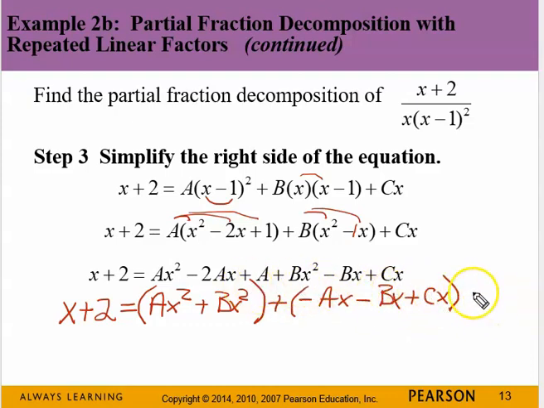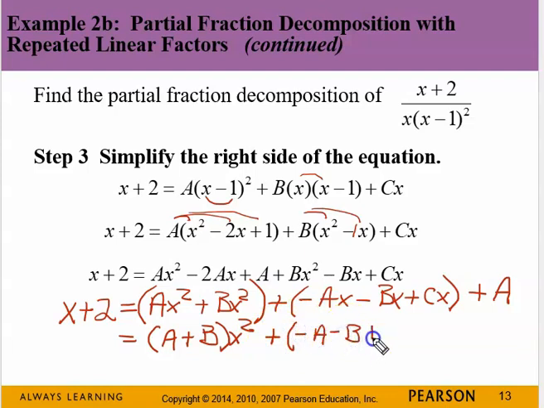And then what are we left with? We still have a plus a out here. All right, now what we want to do is factor out the x squares here. So this then becomes in parentheses a plus b x squared plus a negative a negative b, a plus c, x, and then we have a plus a.